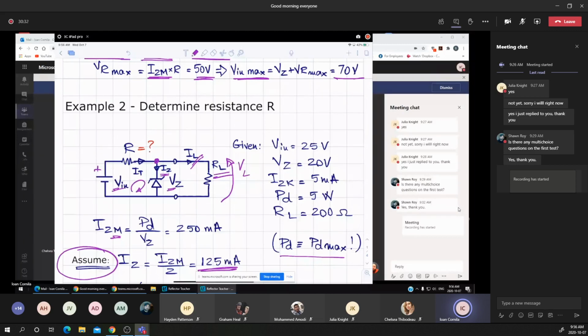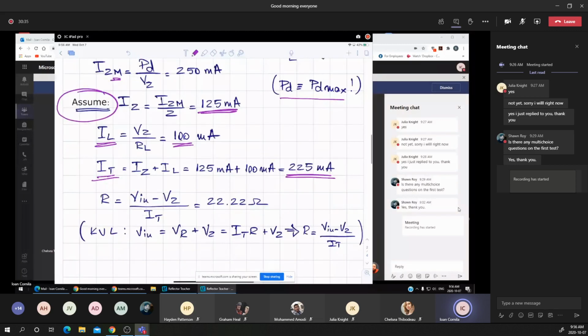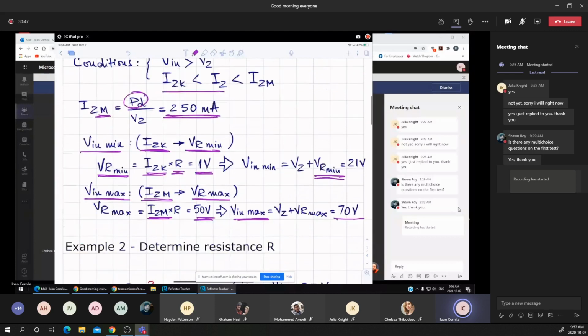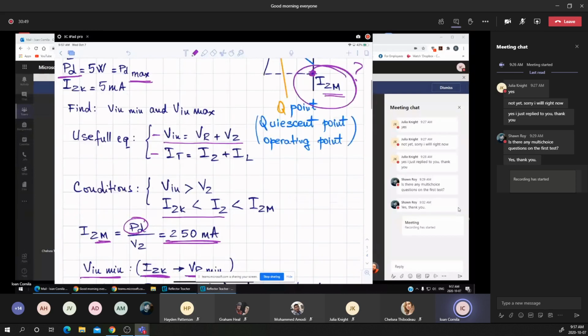Now I'm rearranging the equation to determine the resistance R. We can rewrite this equation as the Vin equals the IT multiplied by the resistance R, plus the VZ.